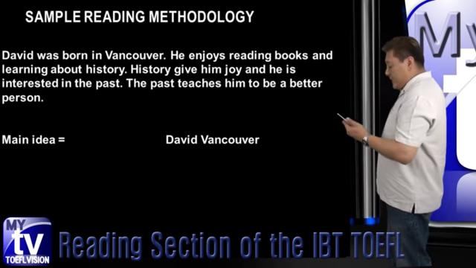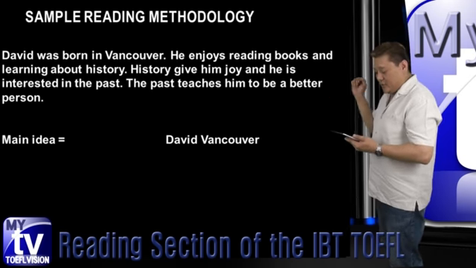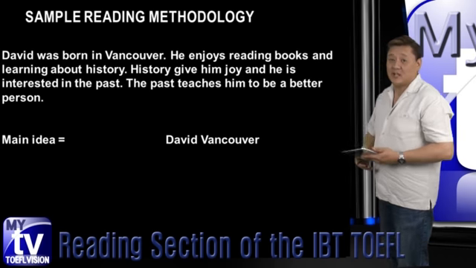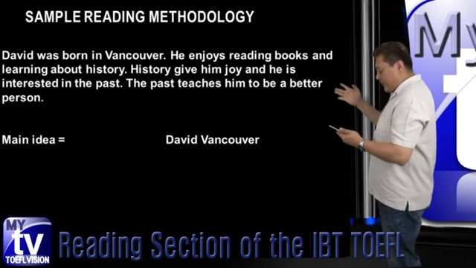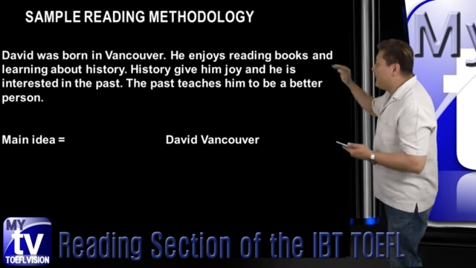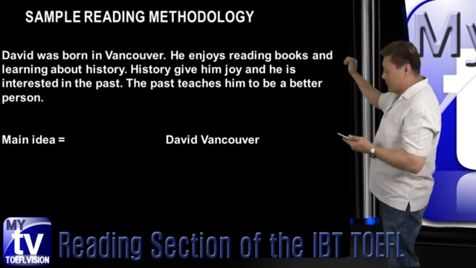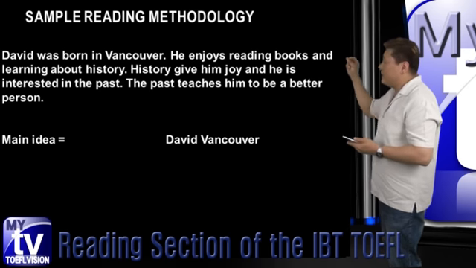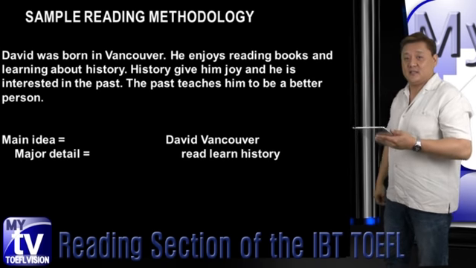Second thing, let's continue reading. He enjoys reading books and learning about history. A lot of you guys might not, but David seems to. So about David, Vancouver, what is it talking about? He likes to read, learn history. Great. That's supporting the main idea. It's talking about David.